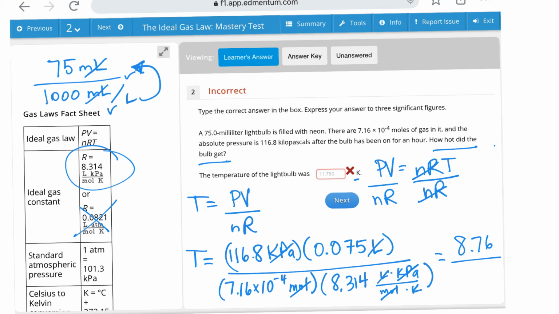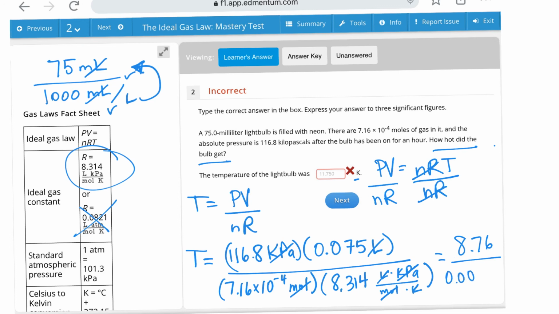I'm going to use open parentheses, 7.16 times 10. Then I'm going to use this little up arrow on the far left and enter the -4, close parentheses, times 8.314 equals.